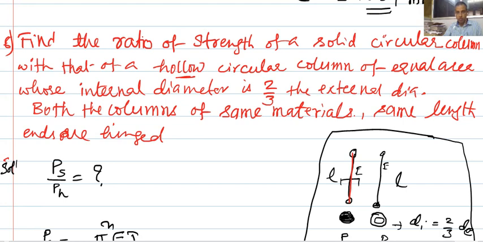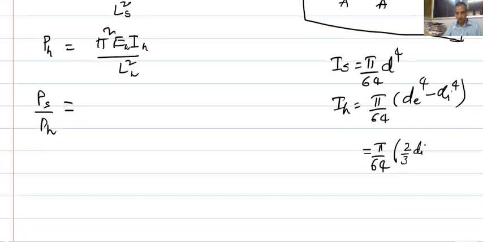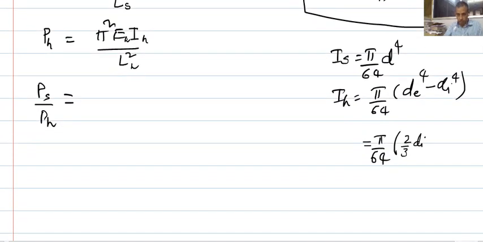How much is it? Sorry, internal diameter is 2/3 of external diameter. So, not like this here. We keep the external diameter as it is, d power 4 minus 2/3 of d e whole power 4, right.